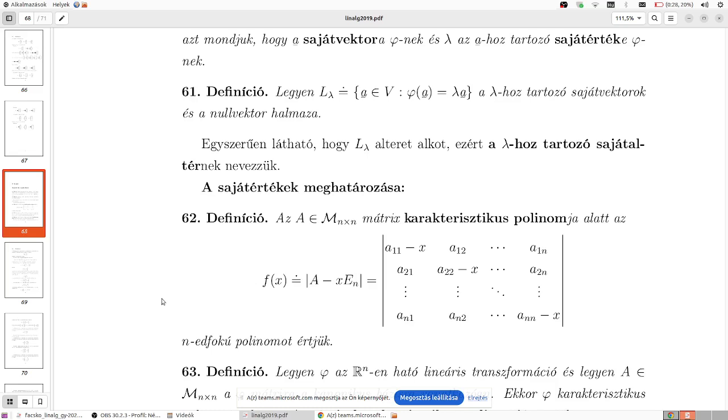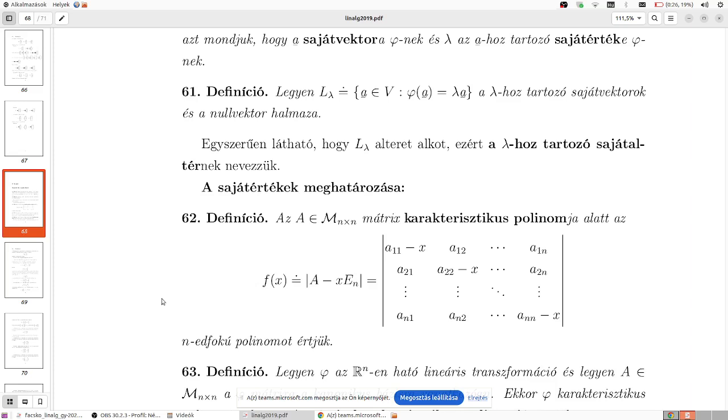There are more eigenvalues. So, you're looking for this. This equation has a solution if the determinant of this matrix is 0.